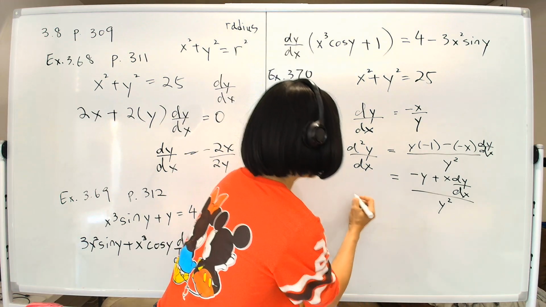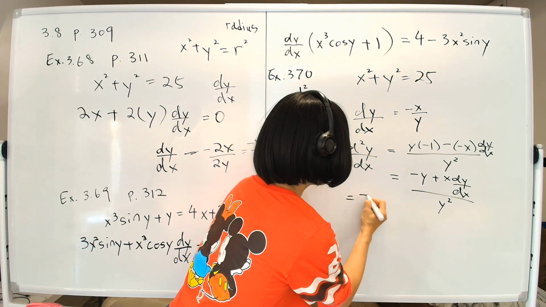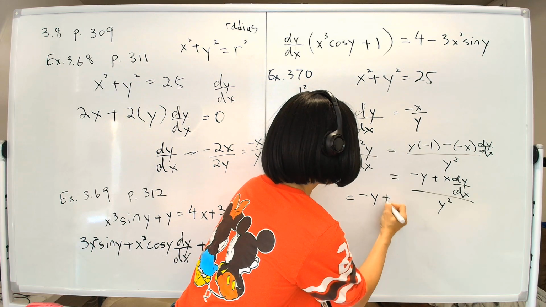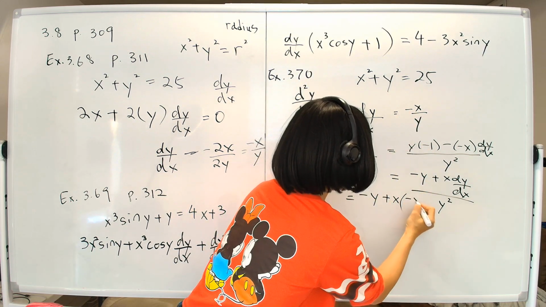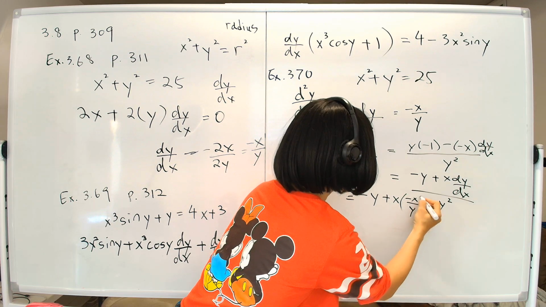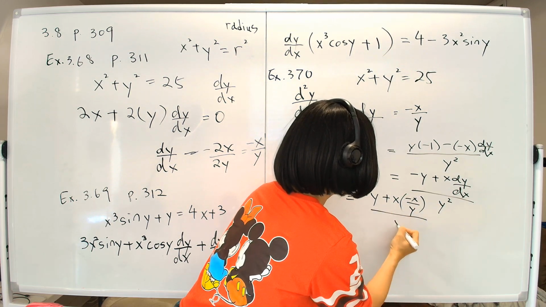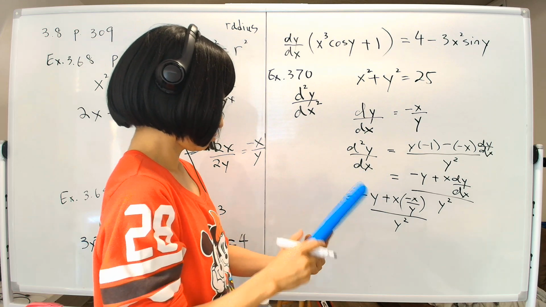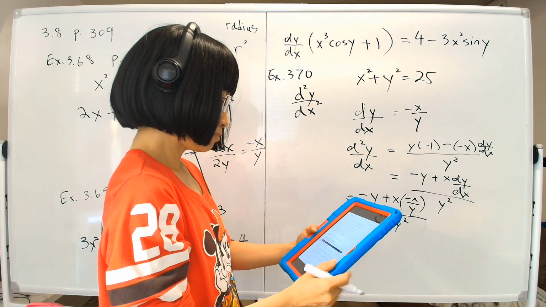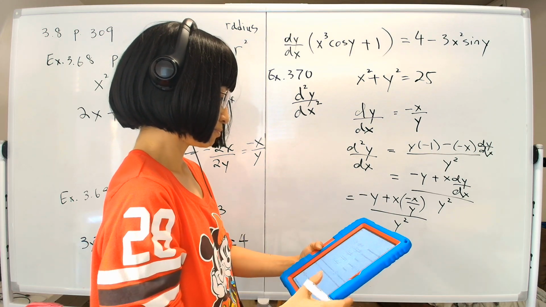So for the purpose of looking nice, we will plug in plus x times (minus x over y), all over y squared, and that equals something. And then we're going to have to do fractions.